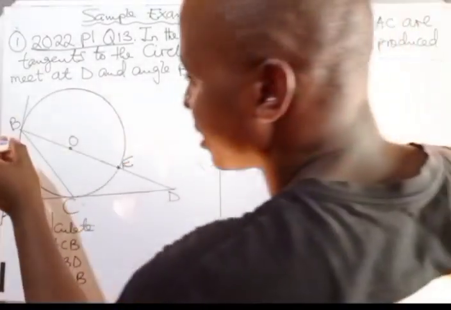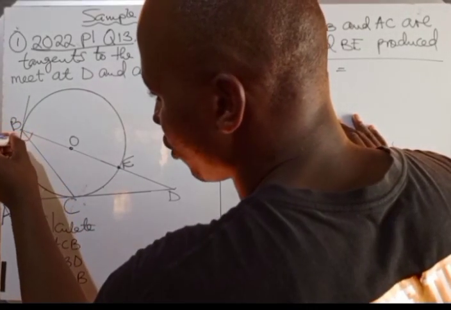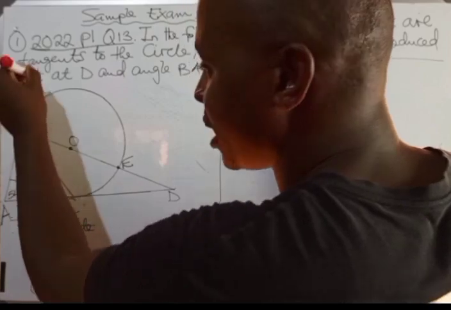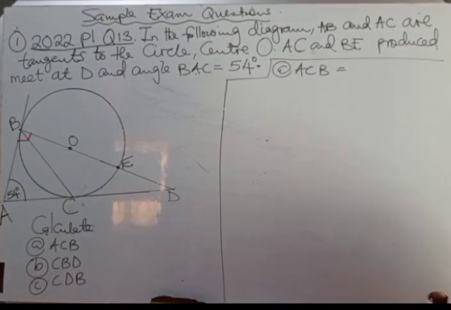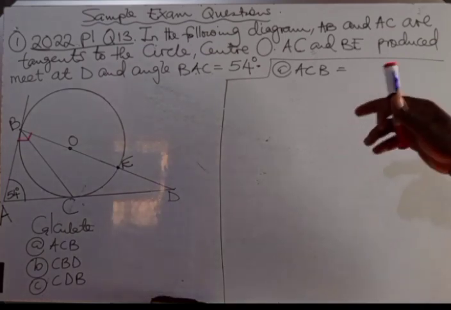What I mean is that this angle here is 90 degrees because there's a tangent as well as a radius. Where the two meet, they form 90 degrees. Now, the question is, we find the ACB.